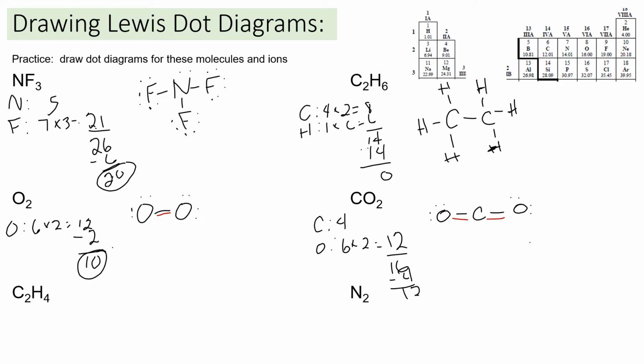Now, what about this structure? This structure also has 2, 4, 6, 8, 10, 12, 14, 16 total electrons, and everybody has 8, but it's not as good. And the reason it's not as good is because oxygen with 6 electrons really would prefer to make 2 bonds.